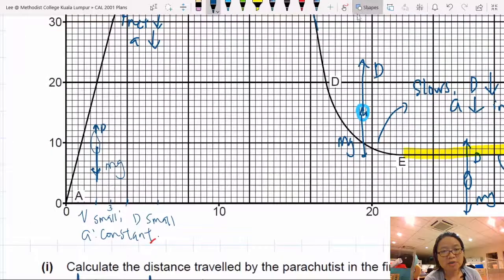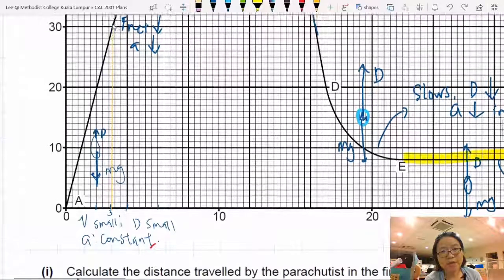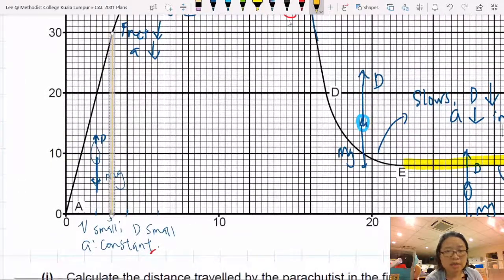I'm just going to extrapolate here so that I can get a value. Because this looks like a triangle to me, thankfully. If not, we have to count boxes. I'll do an example where you need to count boxes later. Okay, so we're dragging it upwards. And I think at 3 seconds, I will nicely hit 30.